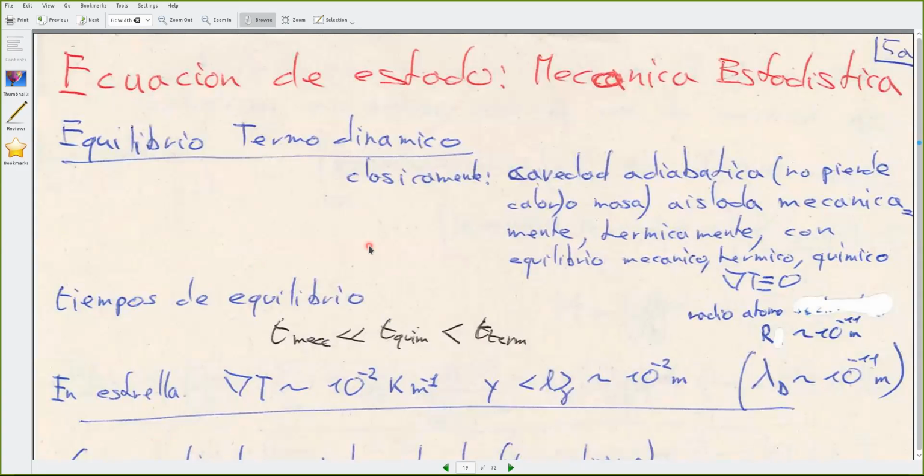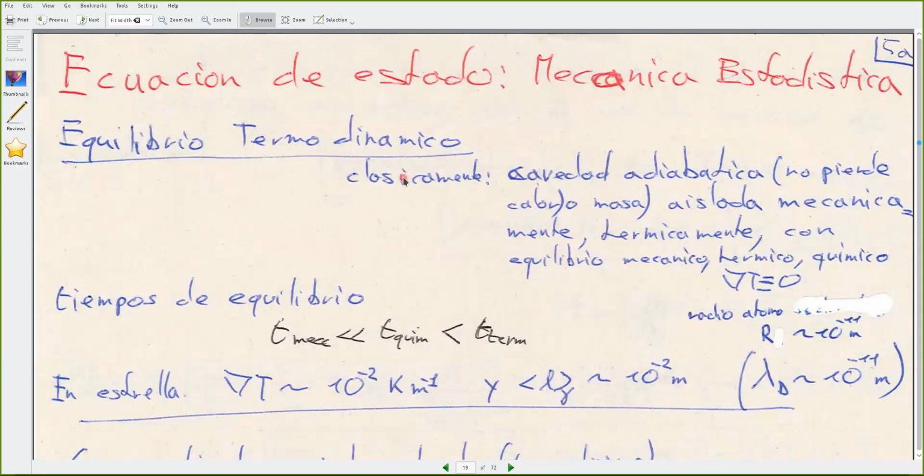One interesting part is the statistical mechanics, because a lot of the connected parts depend on that.